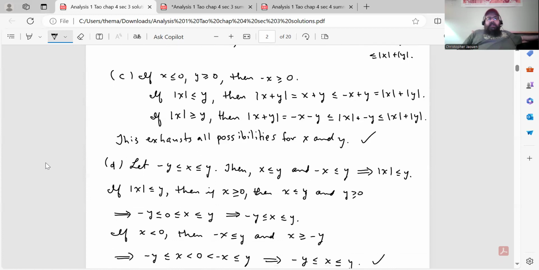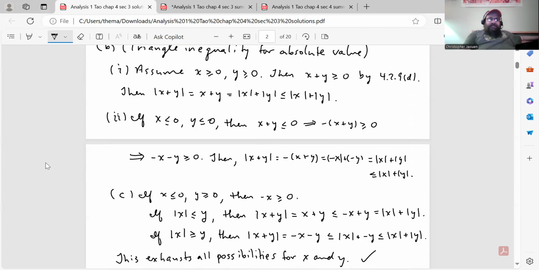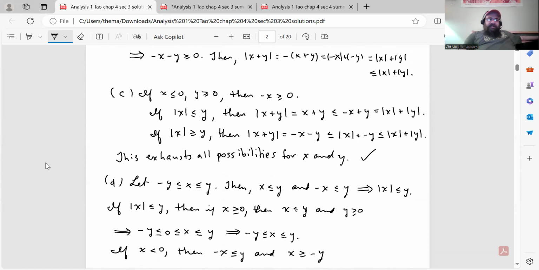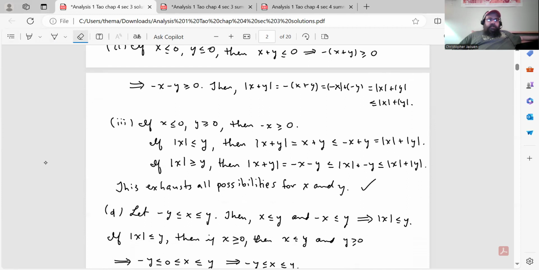So I switched from numbers to letters here. This should be case 3, I guess. No, I don't need a case 4, just a case 3.